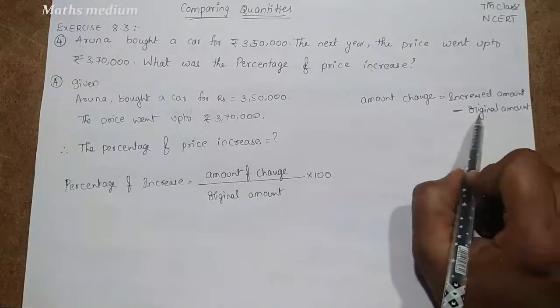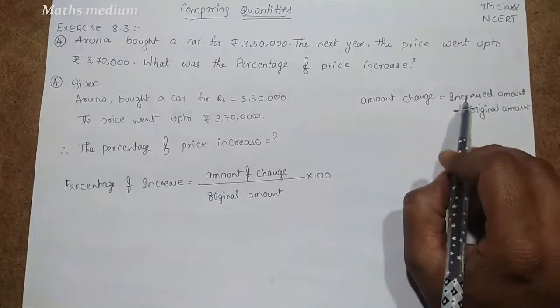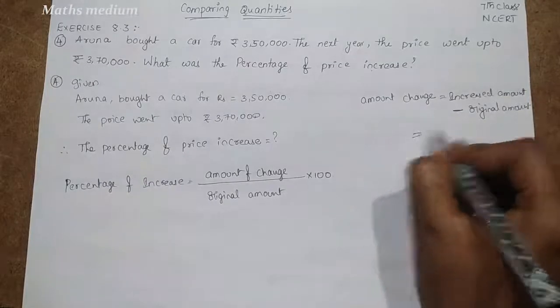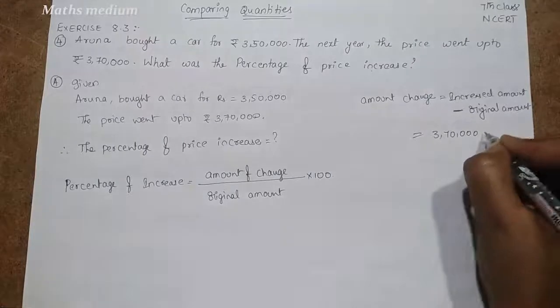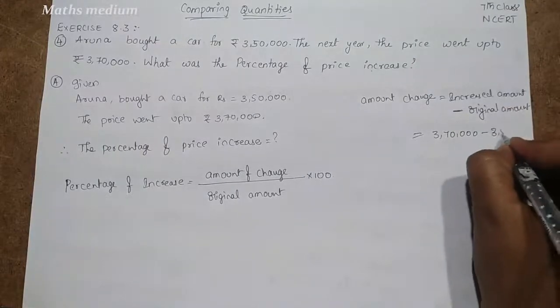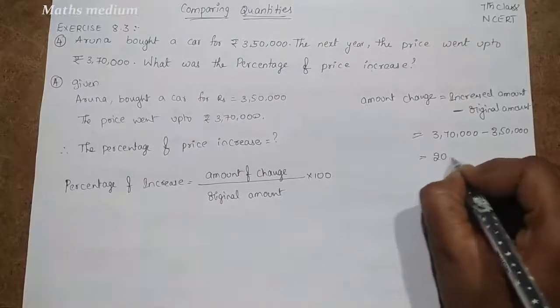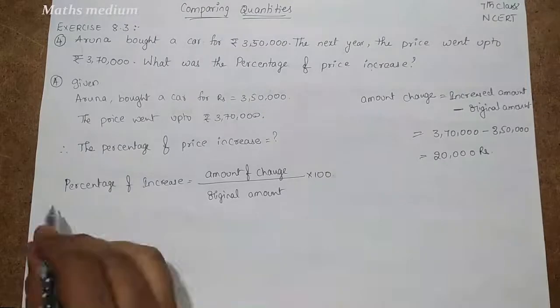Because this is the higher one and decreased amount is the lower one. This is increased, right? So that's why we are taking increased amount minus original amount. So increased amount is 3,70,000 rupees minus original amount 3,50,000 rupees. So in between these two we have 20,000 as increased money. So 20,000 rupees is the increase.